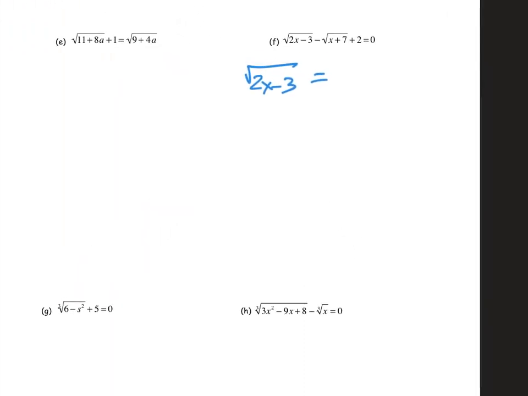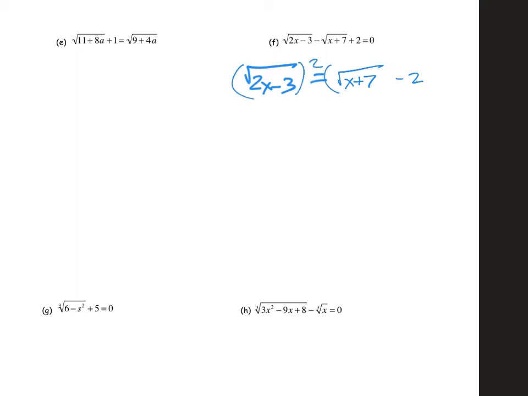I'm going to bring the square root of x plus 7 to the other side and the plus 2 to the other side. Okay, so now I've isolated one of the square roots. I'm going to square both sides.